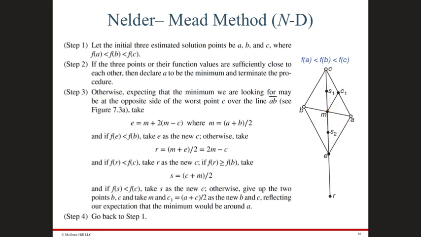So I will move point C to become C1, which is halfway between C and A. And also I will move point B to become M, which is halfway between B and A. And then my new search space is gonna be this small triangle.